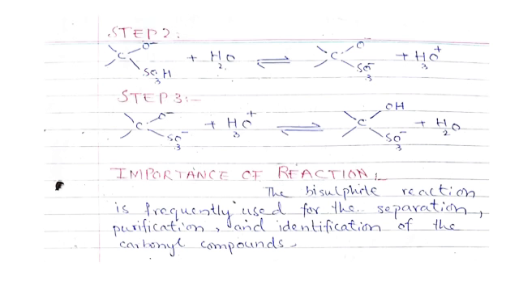In step 2, the proton exchange by the solvent takes place. In this case, mostly water is used as the solvent, and here the proton of the bisulfite ion is abstracted by water, the solvent molecule, and is removed from the system as a hydronium ion.